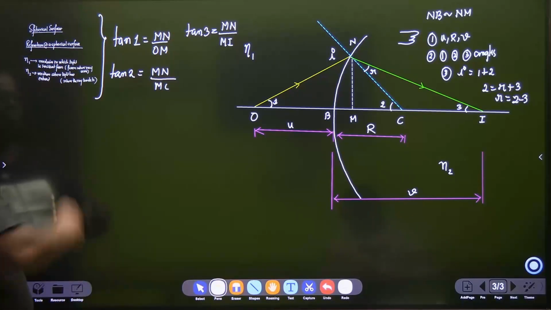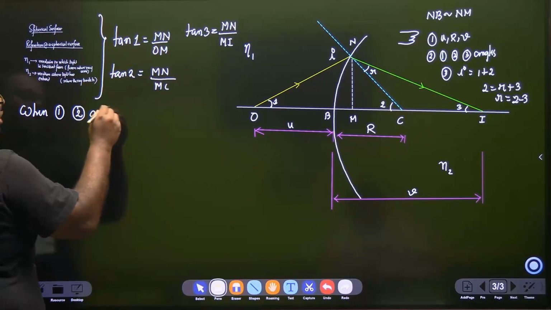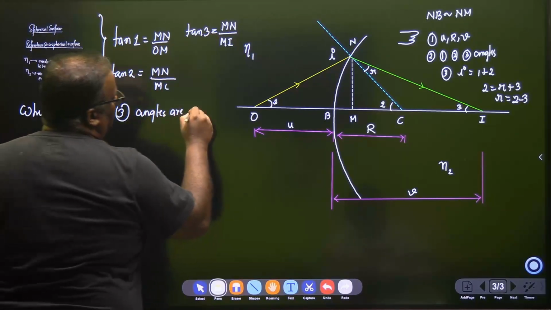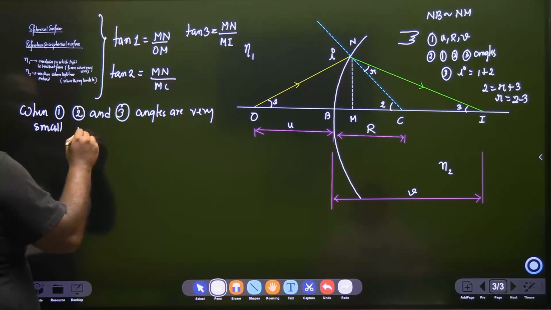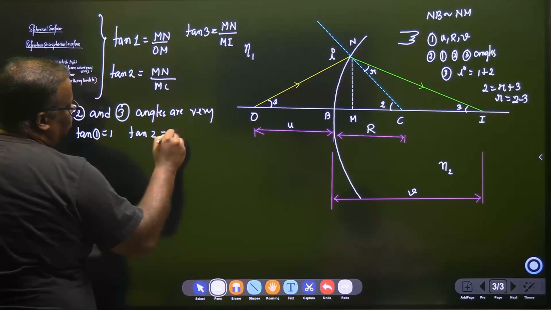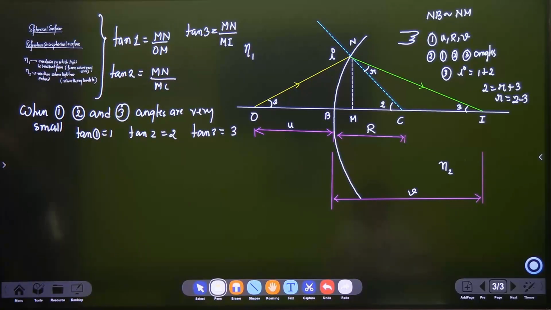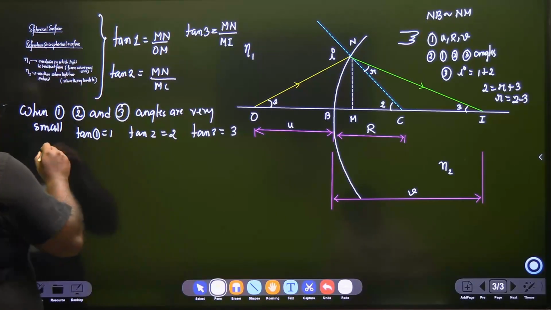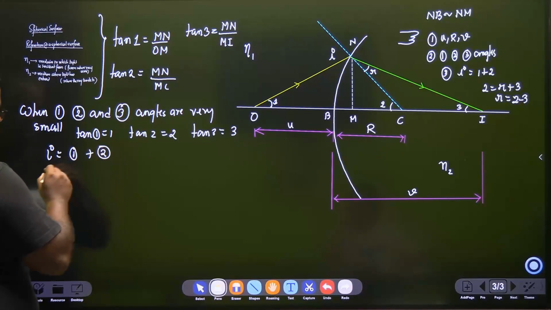Now, when the angles 1, 2, and 3 are very small, then tan 1 is equal to 1, tan 2 is equal to 2, and tan 3 is equal to 3. Are we fine? Very good. So I is an exterior angle for 1 plus 2, agreed, children?